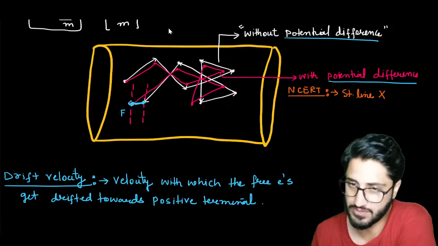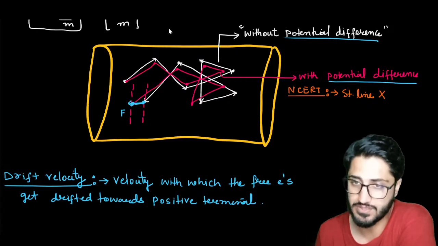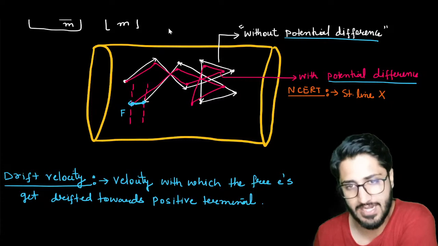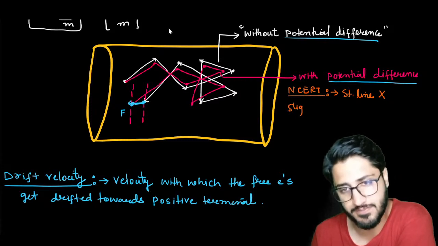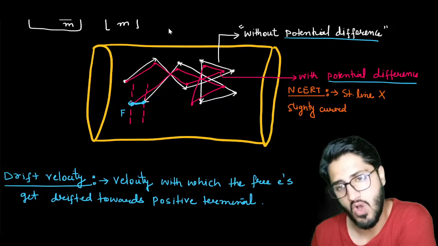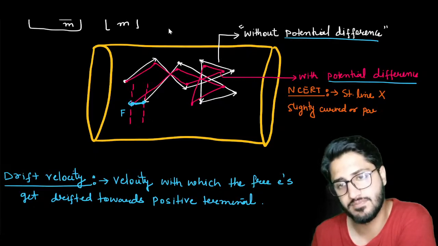These are parabolic. You can write these are slightly curved, or you can write these are parabolic.